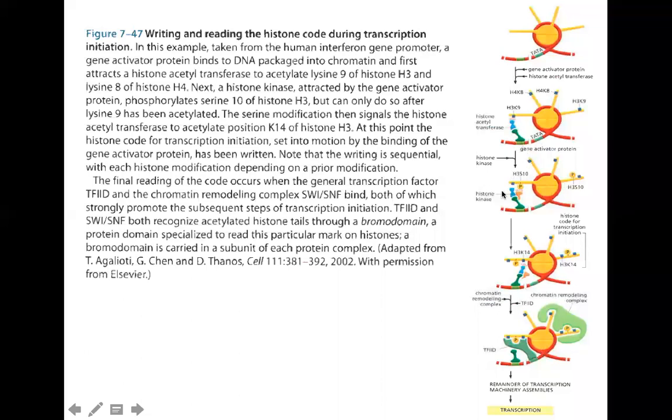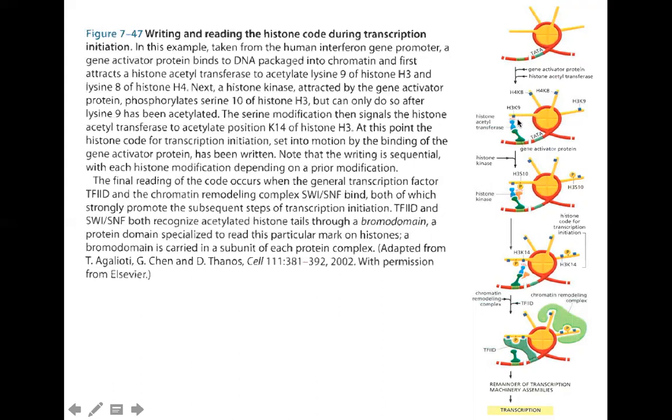Clear to everyone? Okay. So a gene activator protein binds to its regulatory sequence, and then it recruits a histone acetyltransferase. We know that acetylation relaxes the chromatin, and it also facilitates transcription. So lysine number 9, at the ninth position on histone 3. H3K9 means H3 is the histone 3 tail, and K9 means lysine, the ninth residue on the tail.